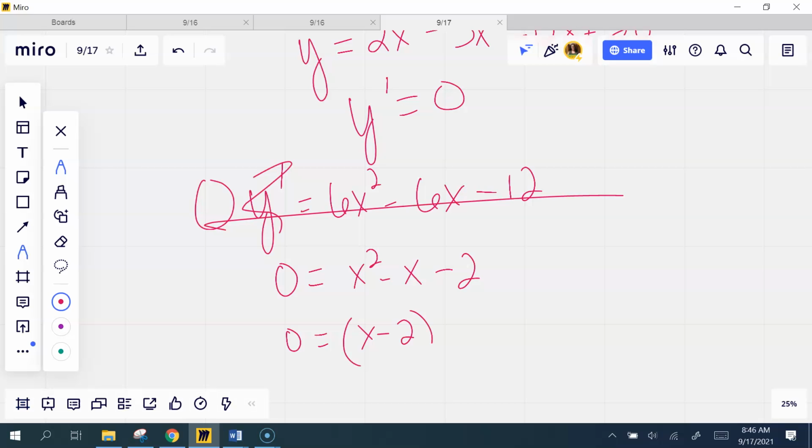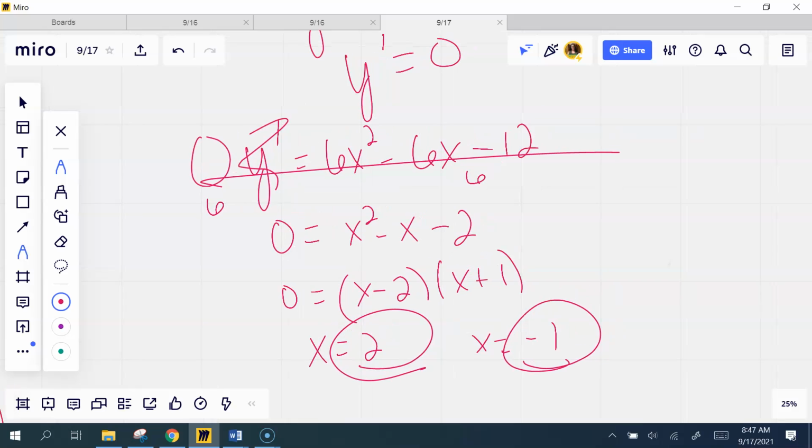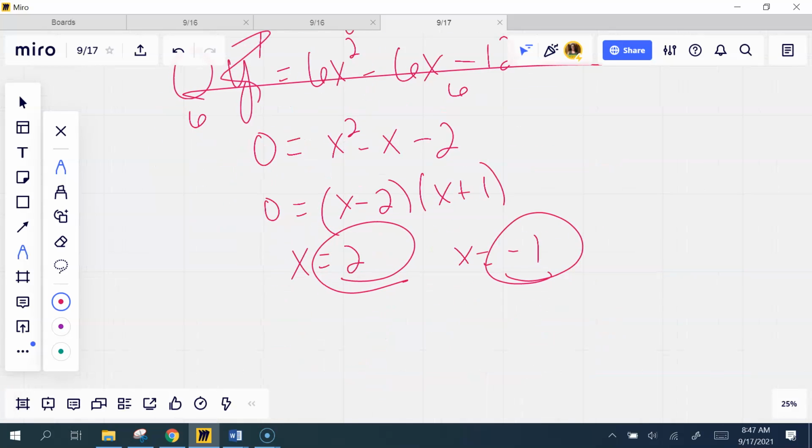I divided both sides by 6. So it says to find the points. Well, the points happen when x is 2 and x is -1, but to find the actual points, I would need to do y of 2 and y of -1, to the original equation. Correct.